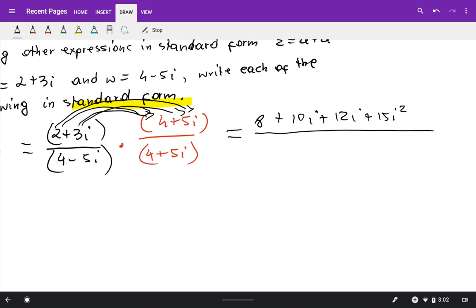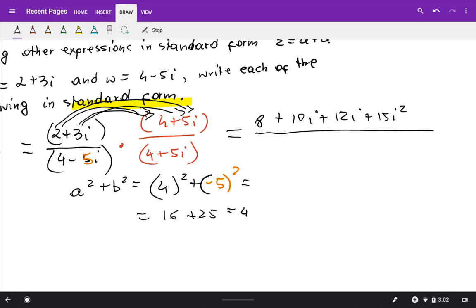Over, and don't forget to use the formula that when you have a complex number times its conjugate, you can always use a squared plus b squared. So a is 4 to the second power plus b squared. Again, it doesn't matter if you put negative or positive, because even if you put negative and you square it, you always end up with positive. So that will give you just 16 plus 25, which is 41. So on the bottom, we're going to have 41.